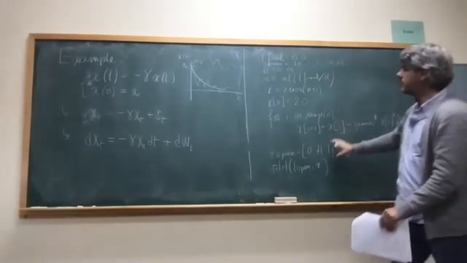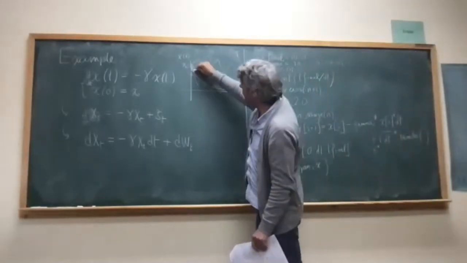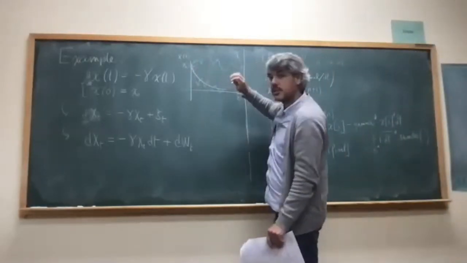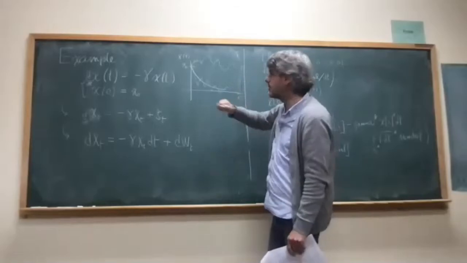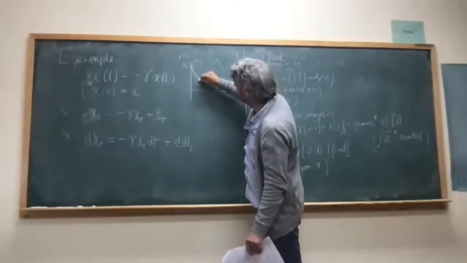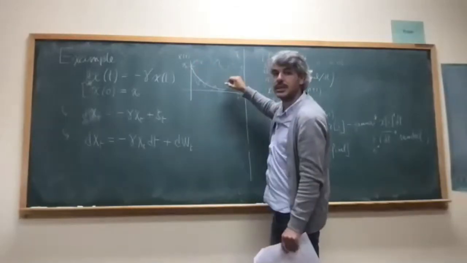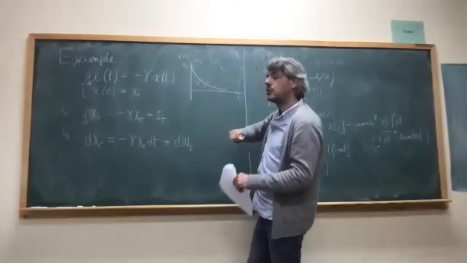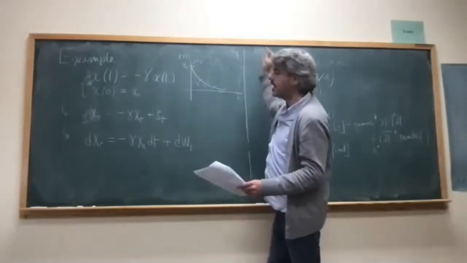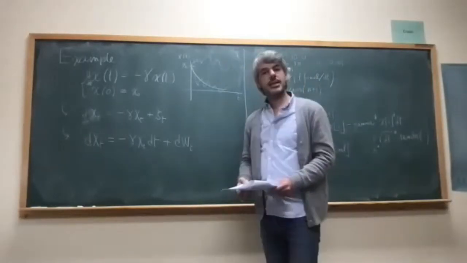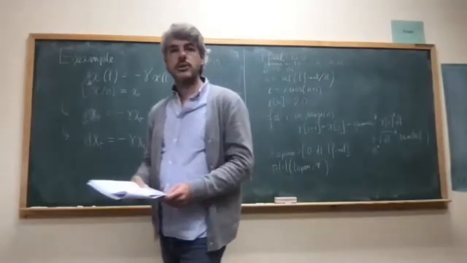So you can use this program to get that curve. Then it's quite interesting to switch on the sigma a bit to see the random motion around the deterministic curve. If you make sigma bigger, you'll see that it goes in all directions. And this is now the stochastic differential equation.